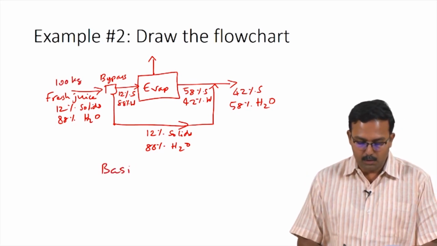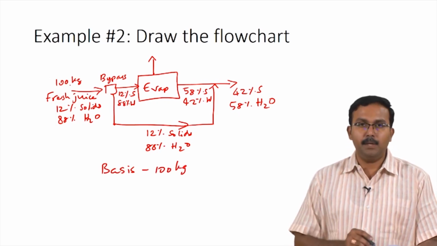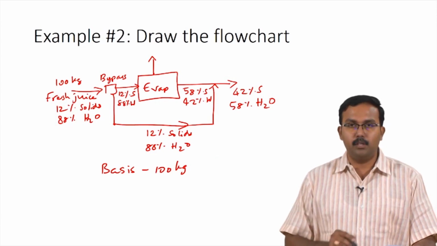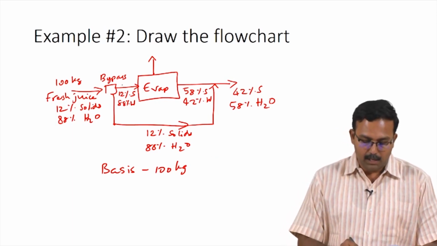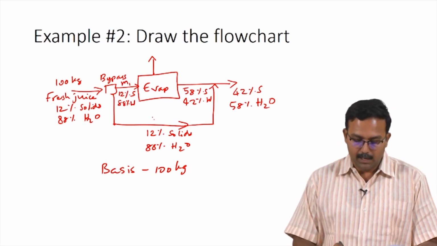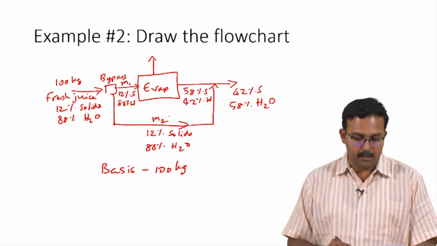So, the basis used for this problem would be 100 kilograms. Now that we have 100 kilograms entering, some of it is bypassed and the rest goes into the evaporator. Let us call m1 kilograms as the mass which is entering the evaporator and m2 kilograms as the mass which is being bypassed from the evaporator.